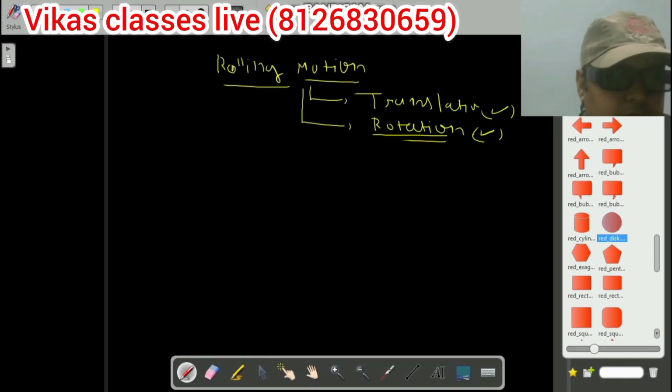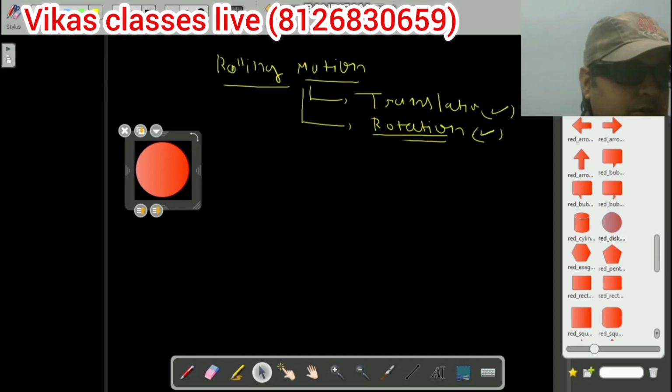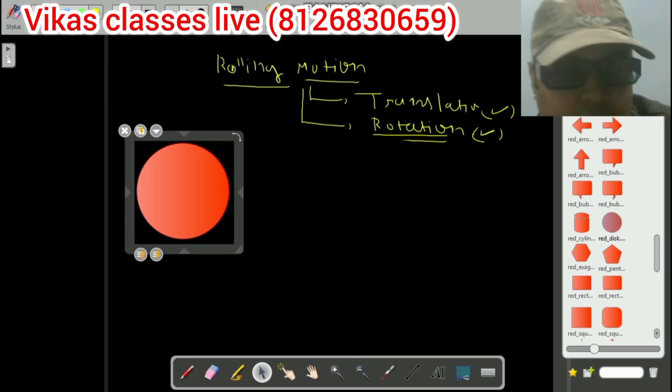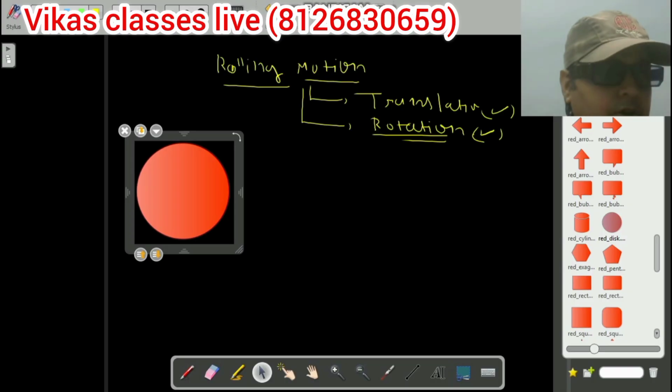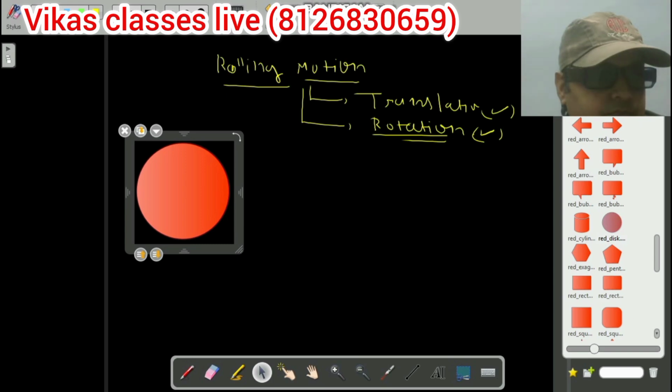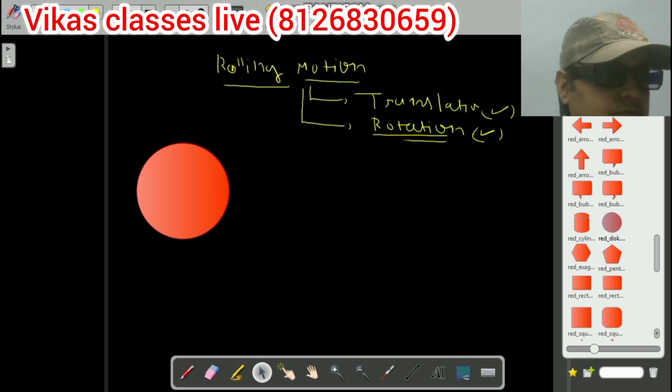Here we have a circular disc. Now we are going to discuss rotation. Here is the center of the disc.